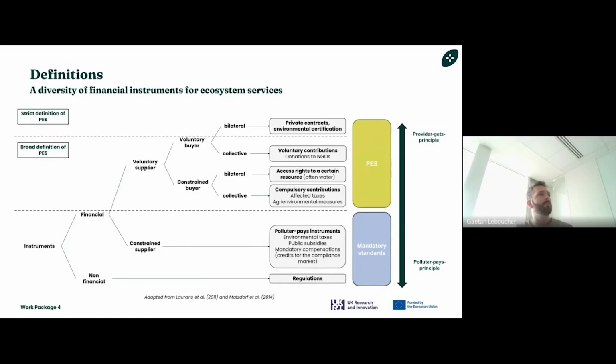For the bilateral contract, this means that the financier is directly the beneficiary of the service. There is an advantage for the payer and for the provider. So when the buyer is voluntary, this will be private contracts, so the one that is on the top, and also environmental certification. And when the buyer is constrained, the bilateral contracts will be access rights to a certain resource, that is open water.